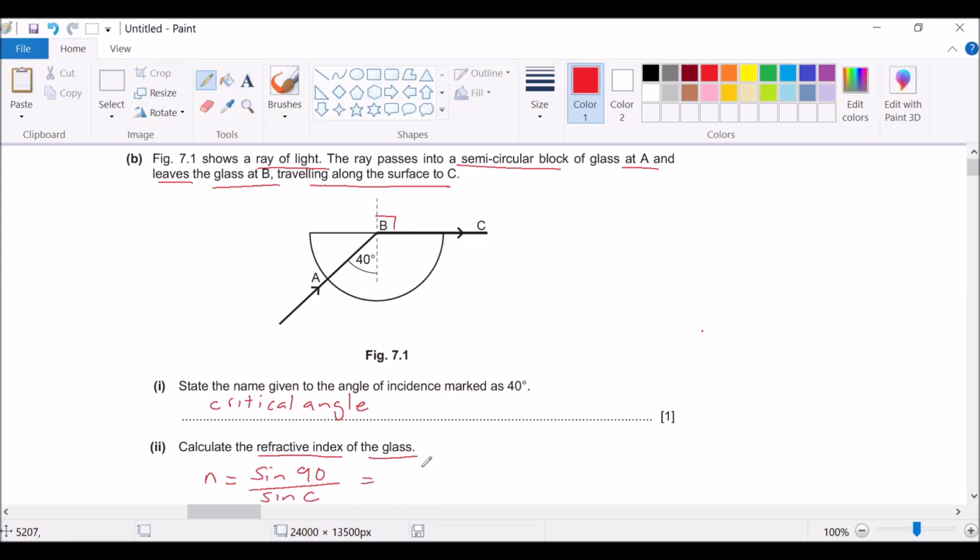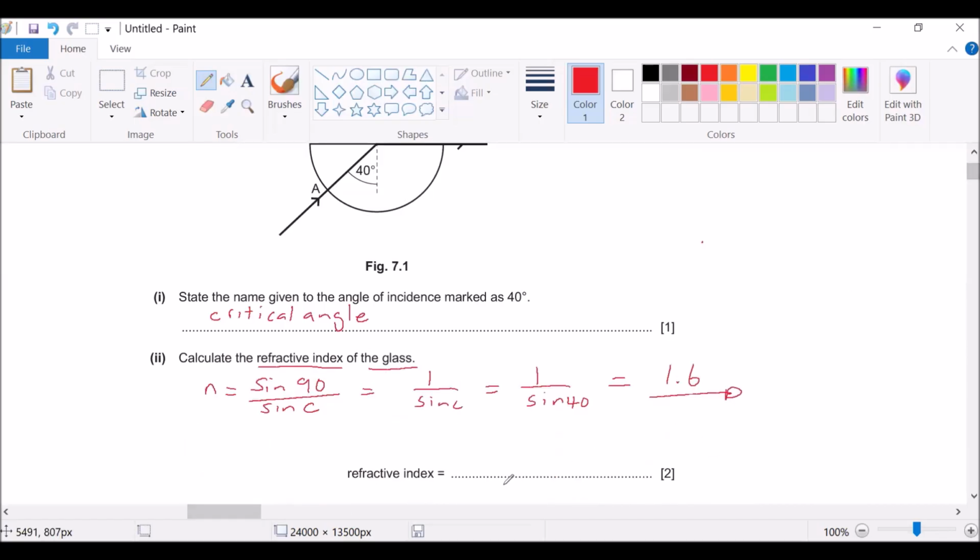But we know sine 90 is 1, so it's 1 over sine C, which is 1 over sine 40. C is the critical angle. This will give us 1.6 to 1 decimal place. And the refractive index is a number with no units. So our refractive index is 1.6.